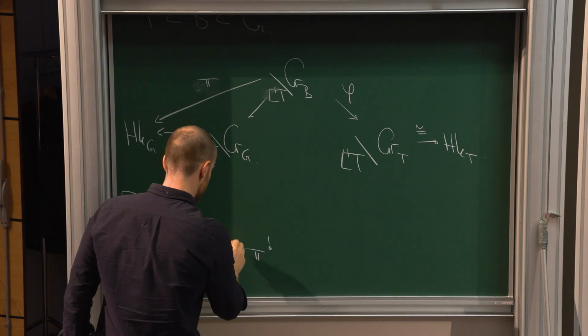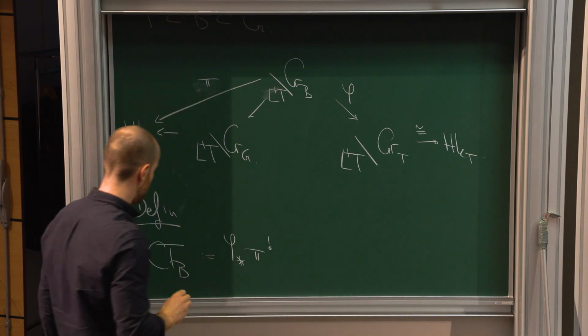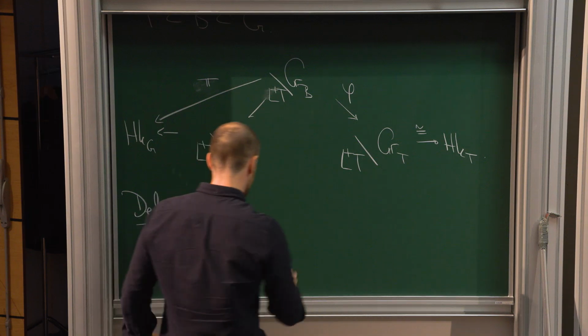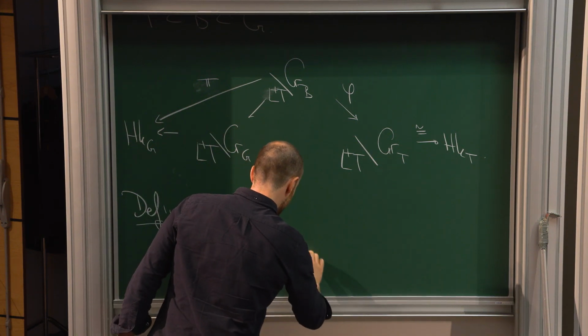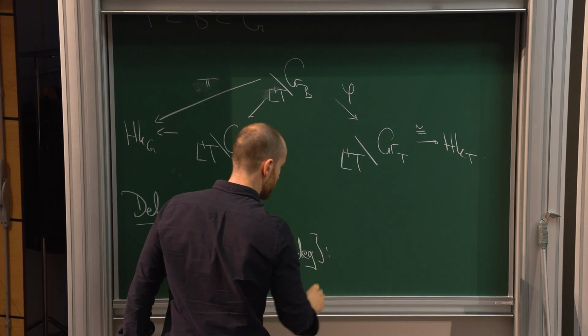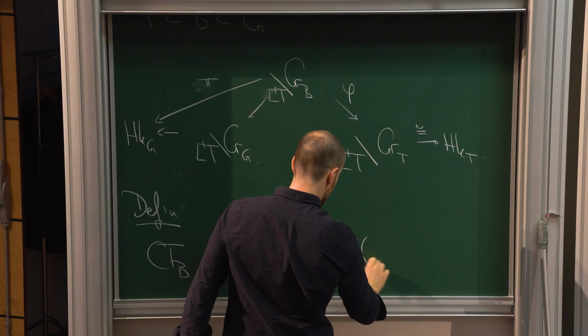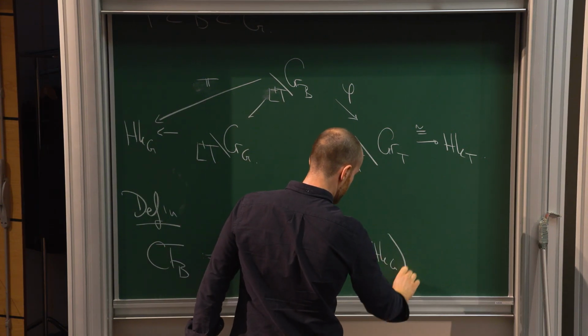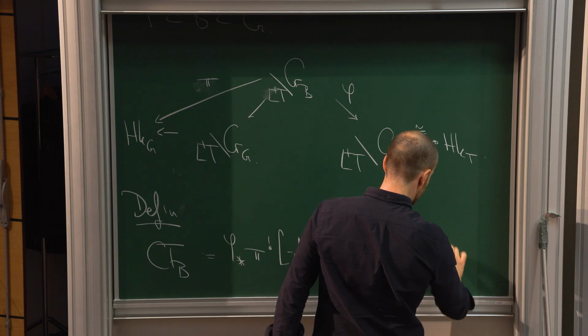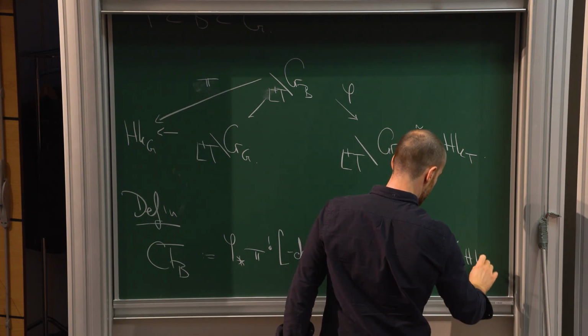Pi upper shriek, phi lower star, and so I explain in a moment what this degree shift is. So it goes from motives on the Hecke stack by definition to motives on the Hecke stack of T.